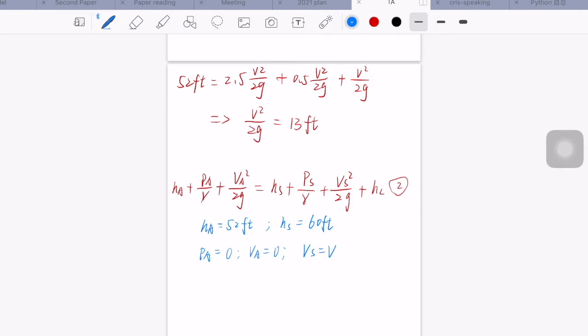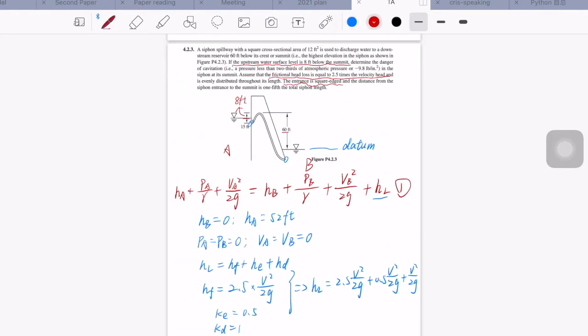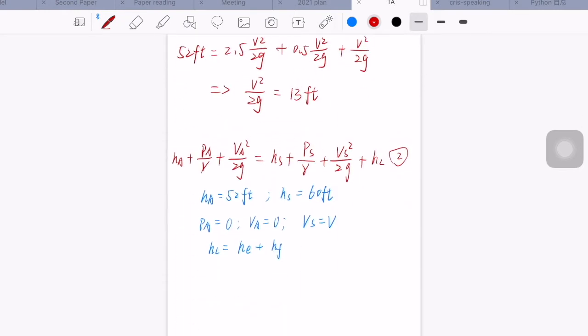And the total head loss includes friction loss and the entrance loss. So HL equals entrance loss plus friction loss. Since the entrance is square-edged, we know the coefficient of entrance loss equals 0.5. So HE equals 0.5 times V squared divided by 2G.